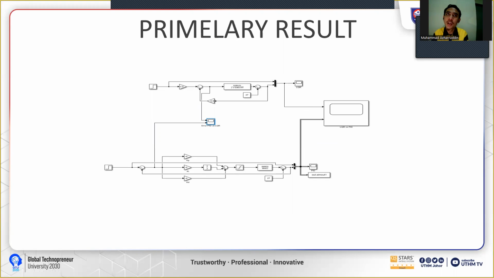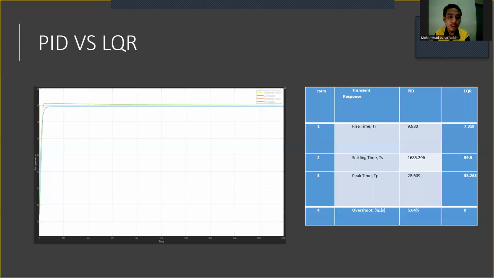For PID, I actually use the trial and error method, so it took quite a while to do this simulation. So this is the result that I get, PID with LQR.